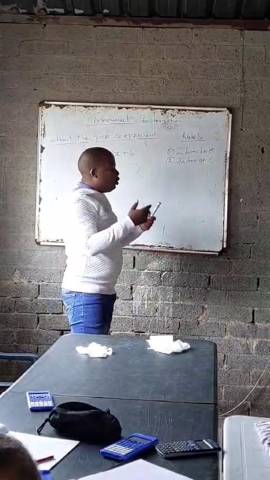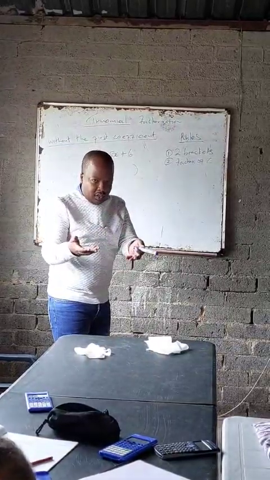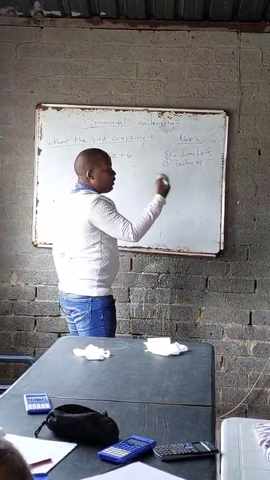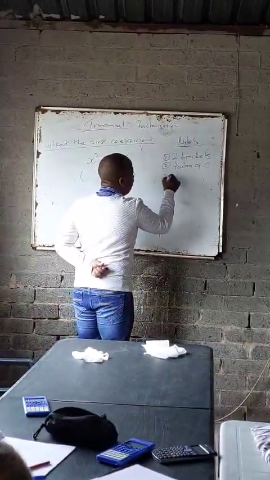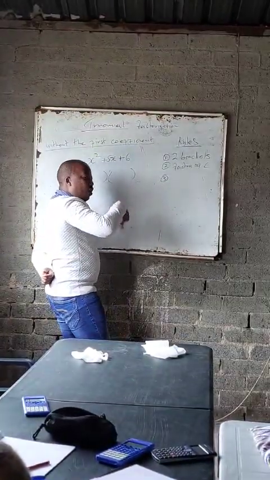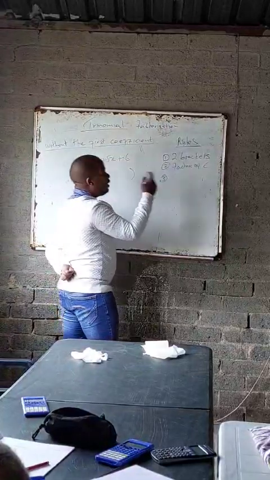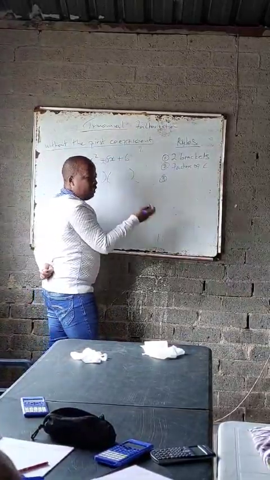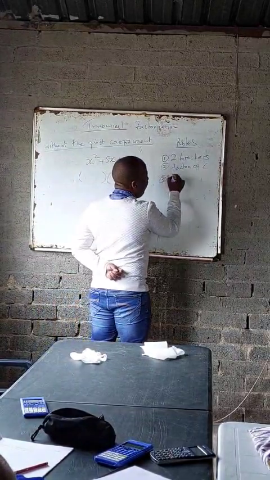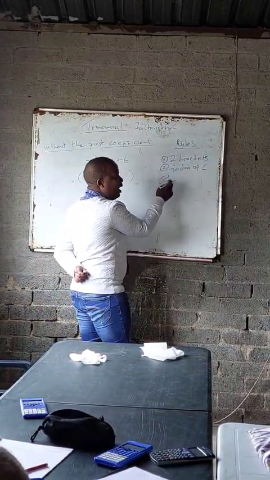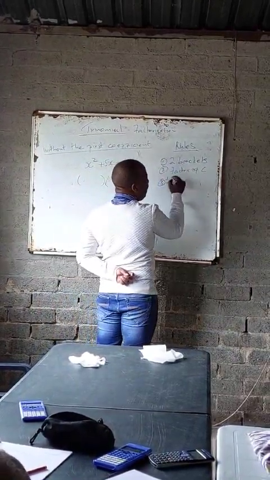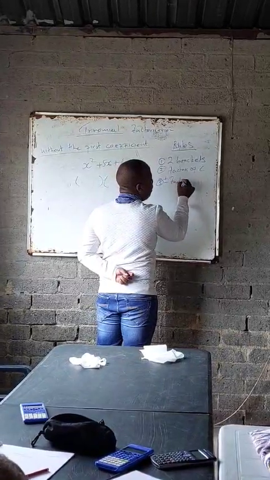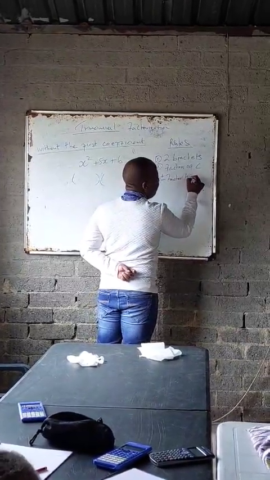I taught you how to find factors using a calculator, right? And then after you find the factors of C, you must either add or subtract the factors to find the middle term.